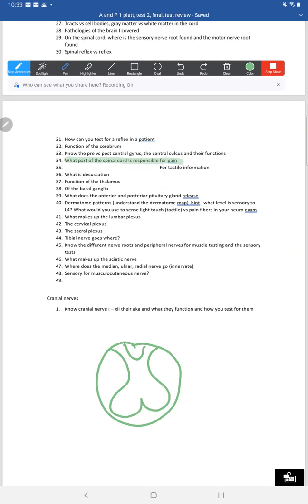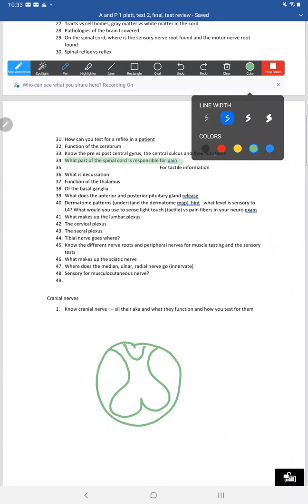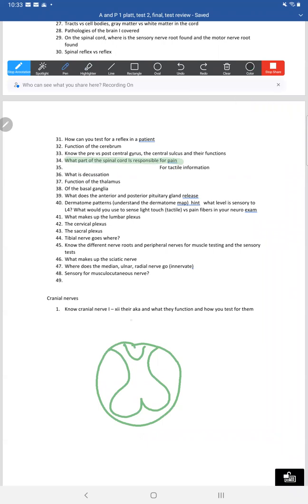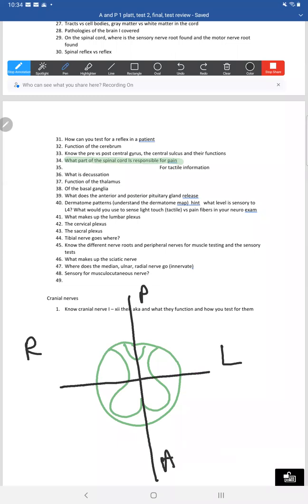If you divide your cord in half, so right and left, always orient yourself, posterior, anterior aspect, and then we can also divide it into the posterior and anterior.